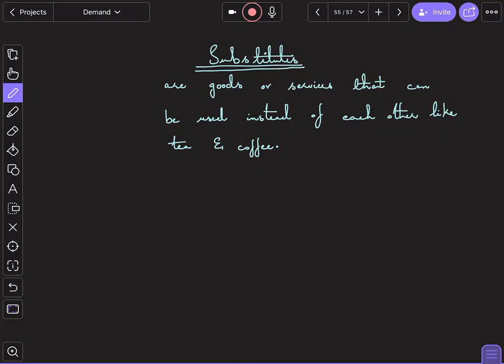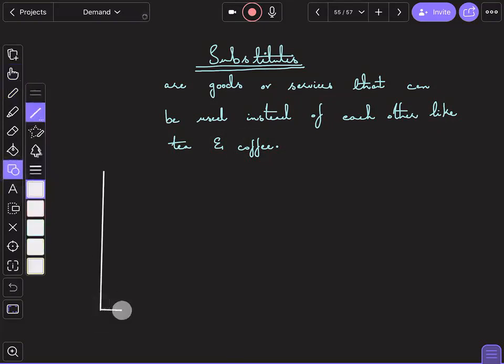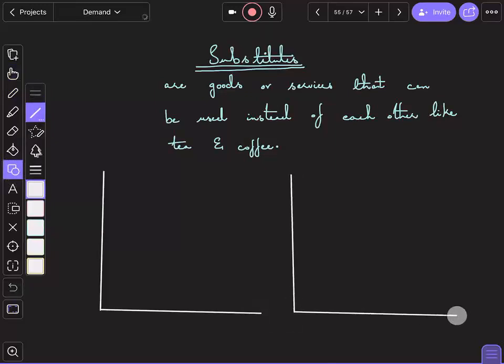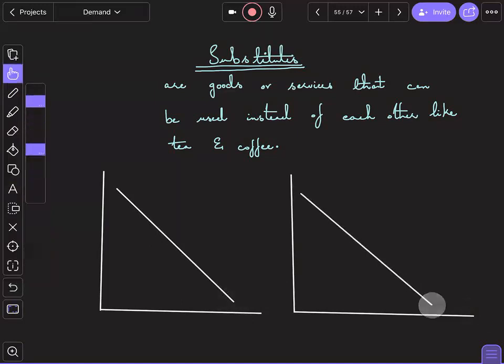If there is a change in the price of one product, it will obviously affect the demand or the position of the demand for its substitute. Let's say we have here market for tea and market for coffee. This is the demand curve for tea.